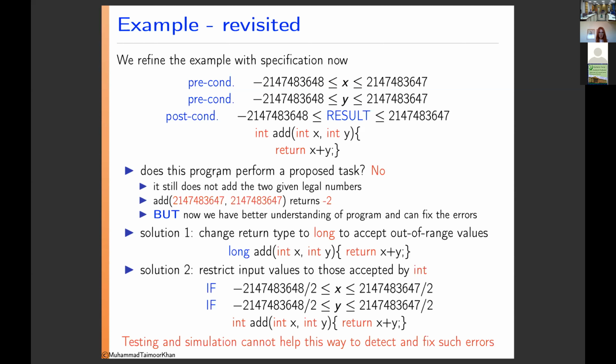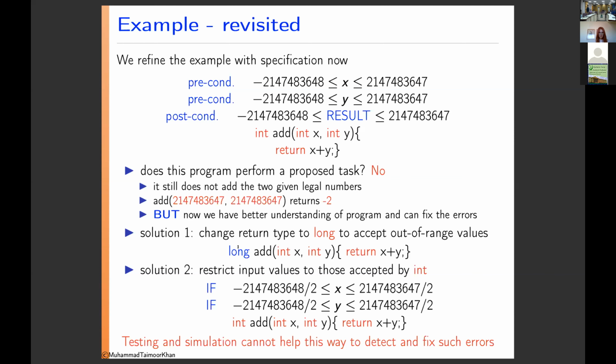There are several ways to do that, but here we highlight two possible answers. The first solution is that instead of returning an integer, I change the return type into a long so that the values do not overflow and I get the result in the right range.